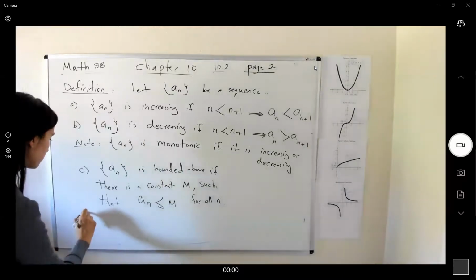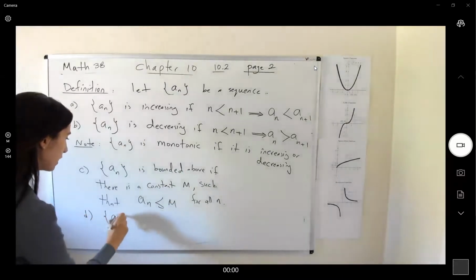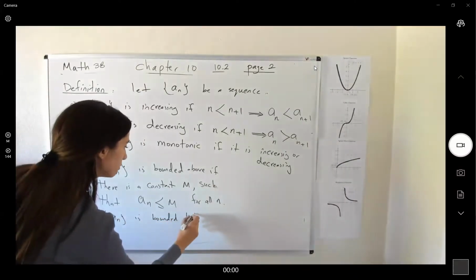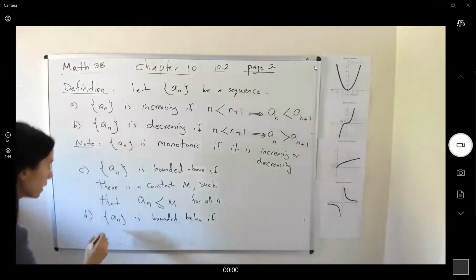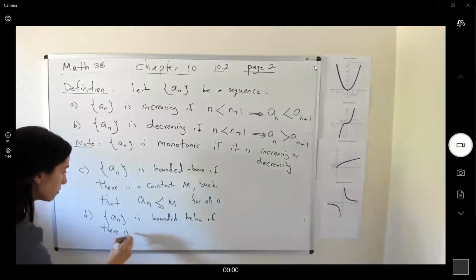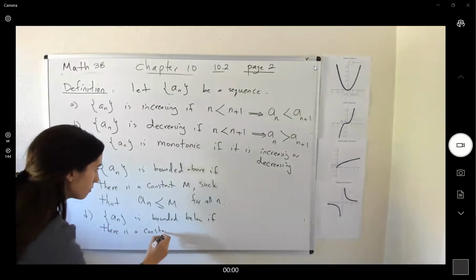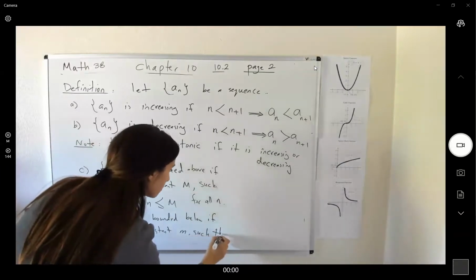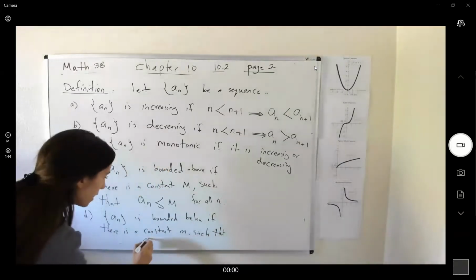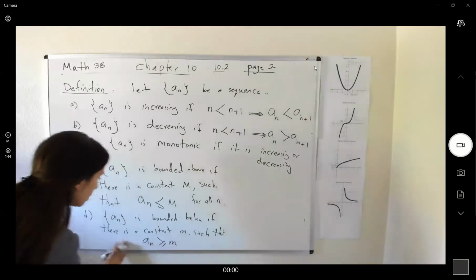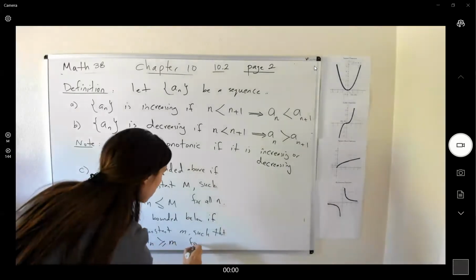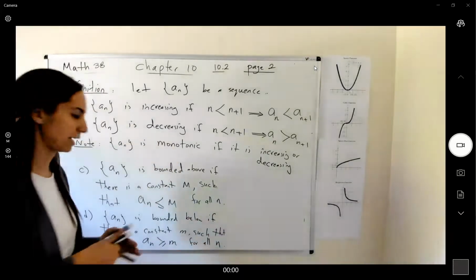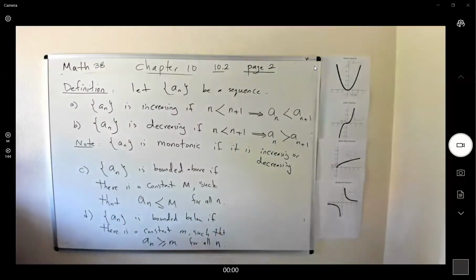And we say that the sequence a sub n is bounded below if there is a constant like m such that a sub n is greater than or equal to m for all relevant n. What do I mean by that? Let us graph this and take a look at the graph.